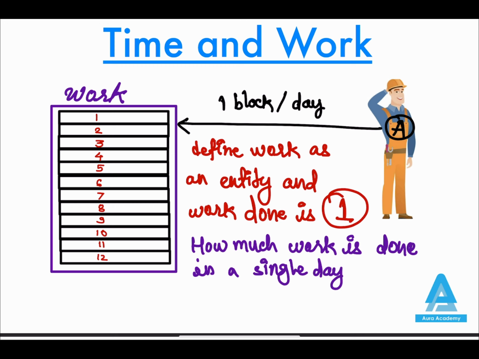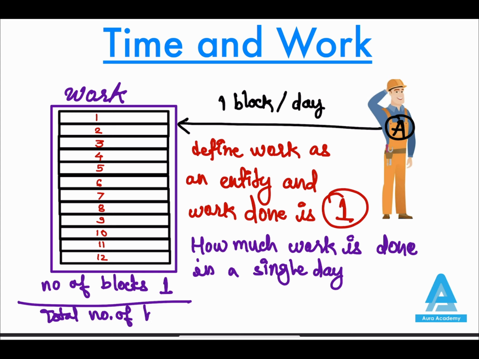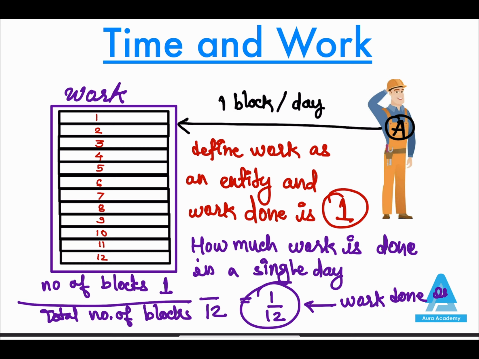So in this case, we can see that the number of blocks removed by the worker in a single day is 1 and the total number of blocks is 12. So work done is 1 by 12. This is the work done in a single day.